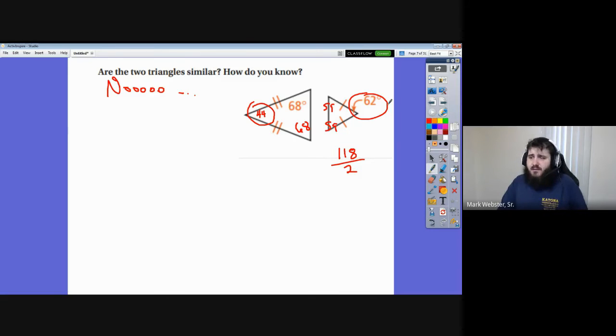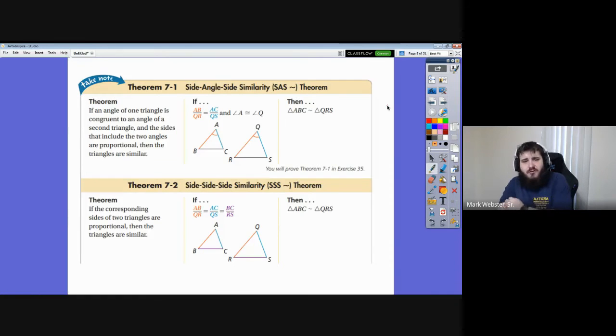Here we have the other postulates. So we did angle, angle. Now we're going to talk about side, angle, side similarity and side, side, side similarity. If you remember this from congruence, before it was the three angle pairs match up or the three side pairs match up or whatever combination, right?